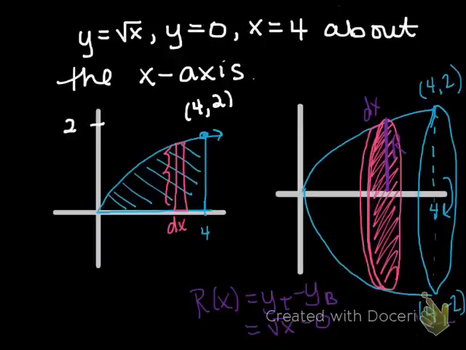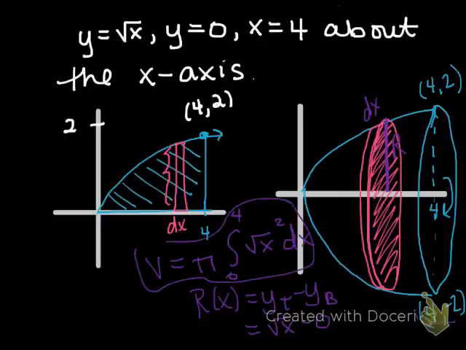Now for our integral, the volume will just be equal to pi times the integral. We are accumulating our disks from 0 up to 4 of the radius, which we said was square root of x, and that's going to be squared because we want pi radius squared, times the height of each of our disks, or the thickness, which is our dx.